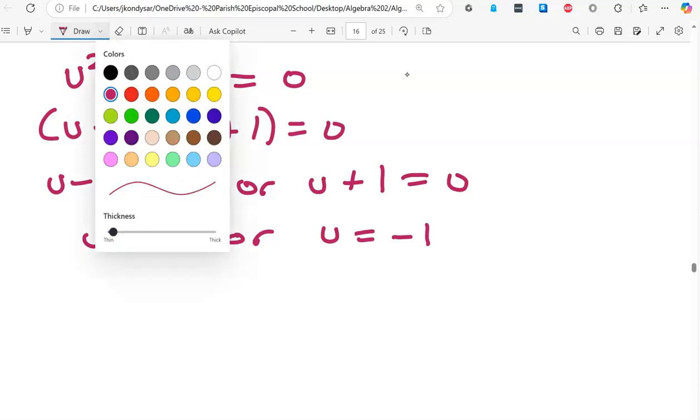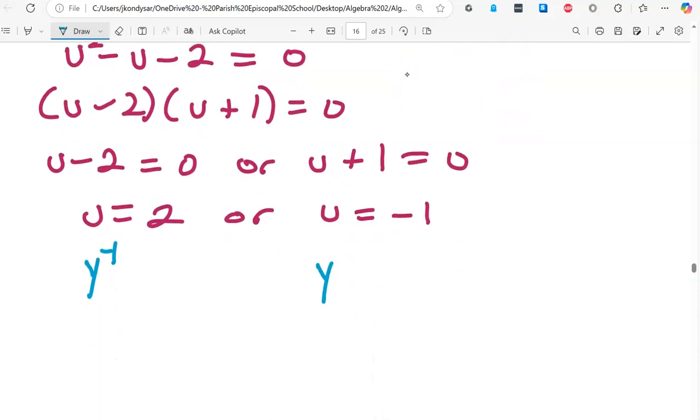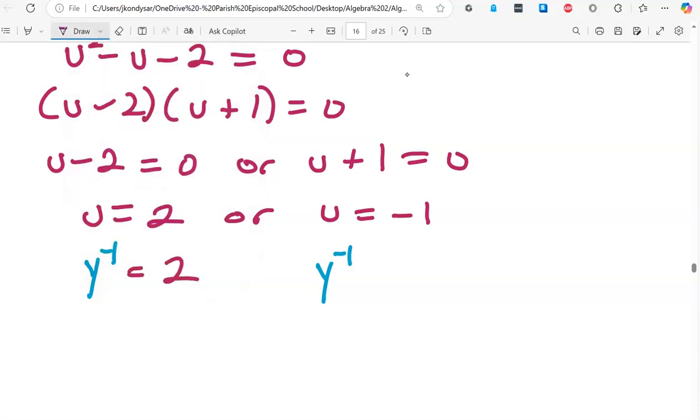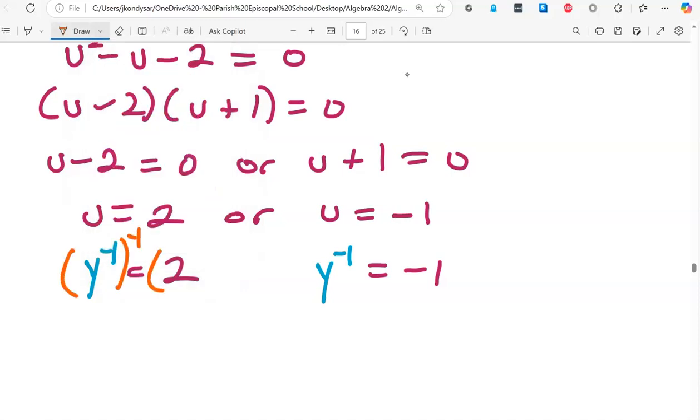And let's remember that u represented y to the negative 1 power, and so I'll replace my u's with y to the negative 1, and then I'm going to raise each side to the negative 1 power.